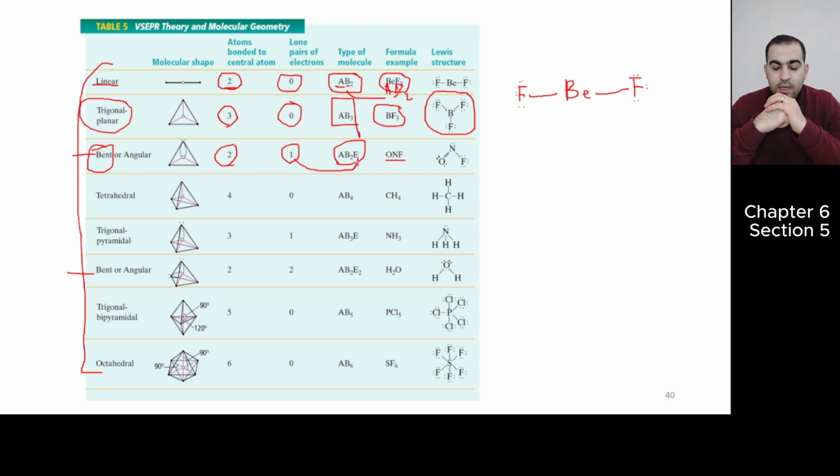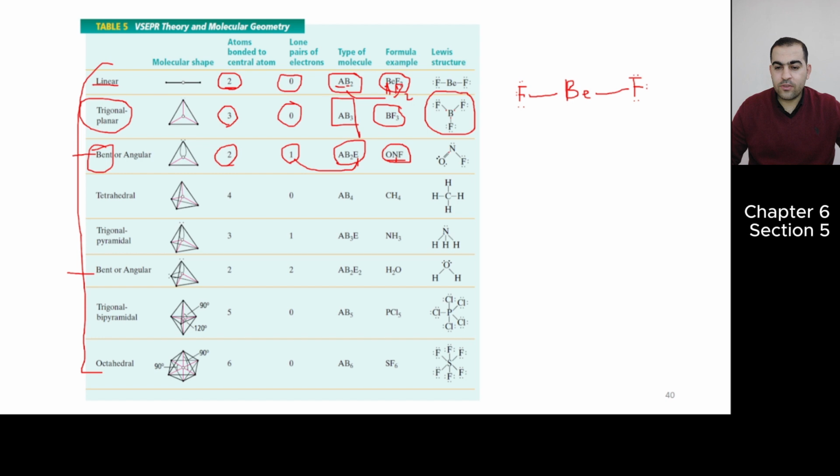When I give an example, you must know how to draw the Lewis structure. Oxygen, nitrogen, fluorine, ONF, guys, this molecule. Nitrogen is the least electronegative, so it is going to be central. Nitrogen makes 3 bonds. It has 3 unpaired electrons. One is because it makes a single bond with fluorine, because fluorine makes only 1 bond, but oxygen has 2 unpaired electrons and makes 2 bonds.